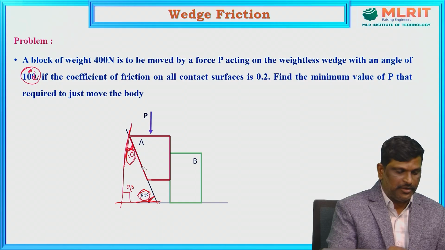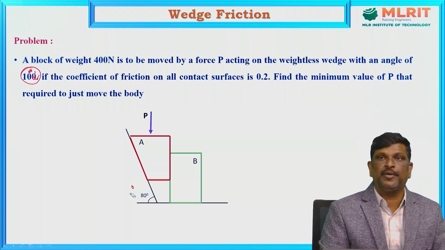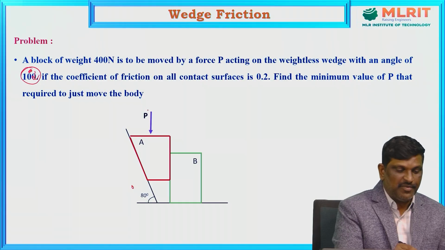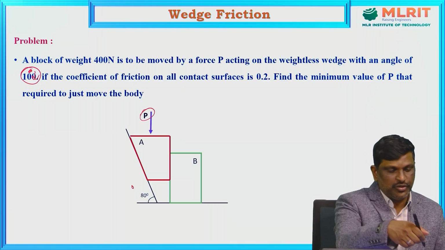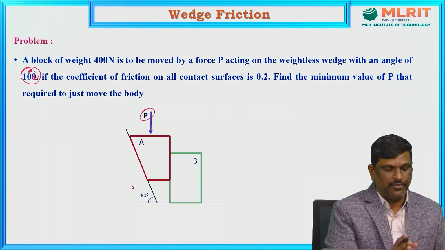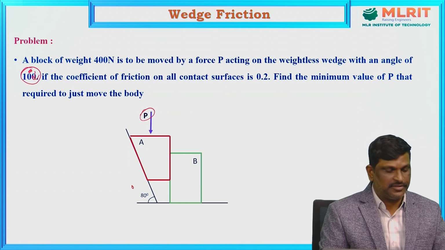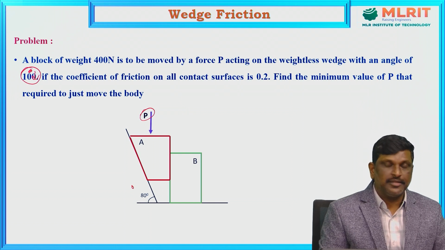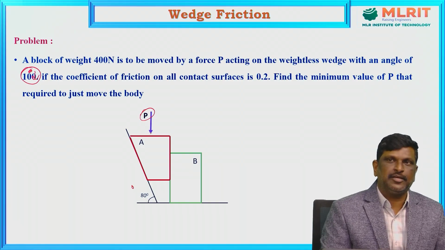Knowing all these values, let us solve the problem to find the minimum value of P required to move the body towards the right. If you push the wedge, the block which has heavy weight will slightly move towards the right side. Why are we calculating the minimum force? Because if you apply the minimum force, the body will slightly move.